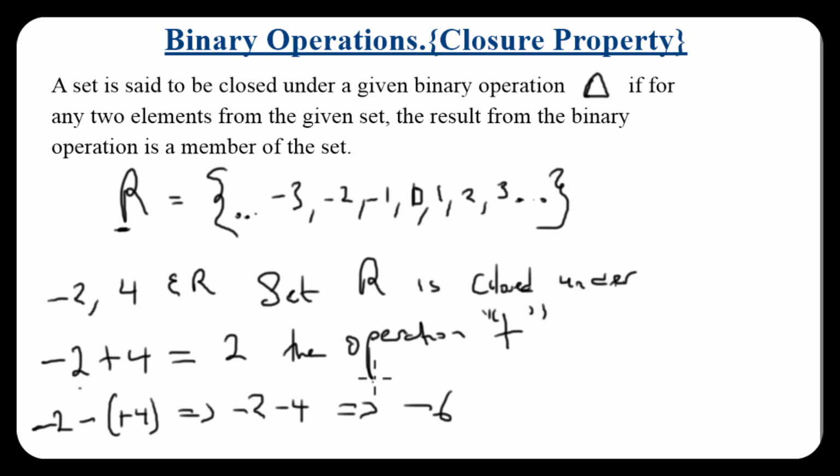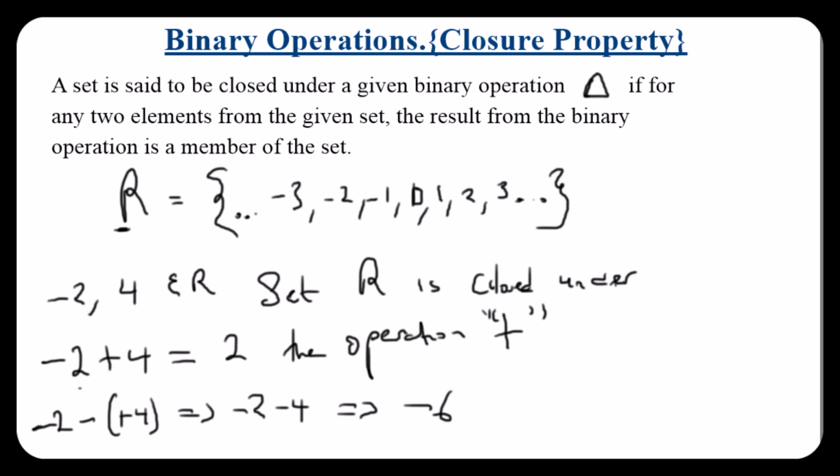Again, minus 6 is an element of this set R. So what's the conclusion we can come to? It doesn't matter which number we pick for subtraction. When you subtract any two real numbers, the result will always be another real number. So we can say that the set R is closed under the operation subtraction.